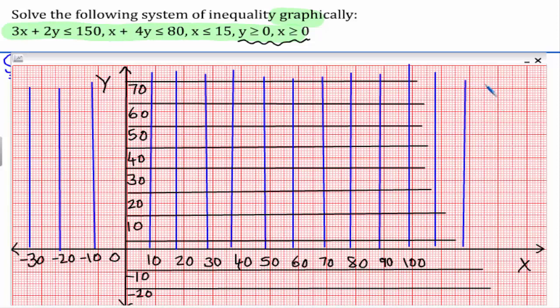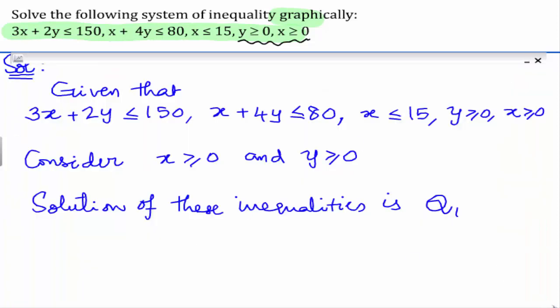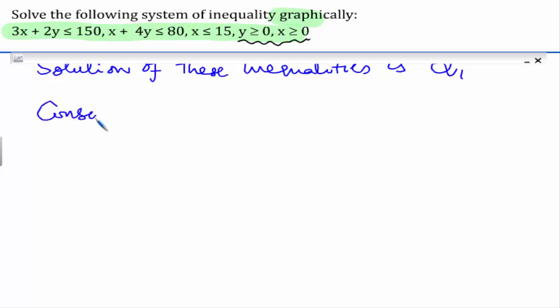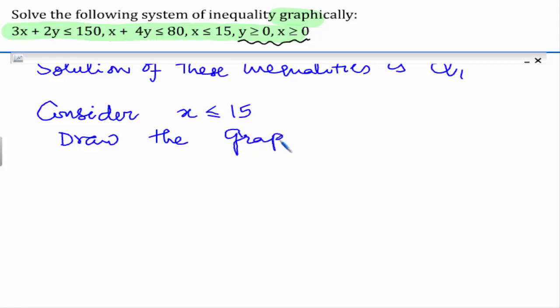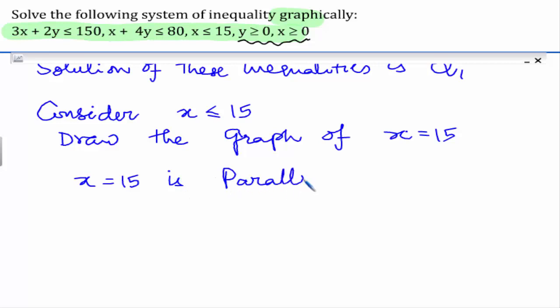Now these black lines will represent x greater than or equal to 0 and the blue lines will represent y greater than or equal to 0. Now let us consider x less than or equal to 15. So we have to draw the graph of x is equal to 15, and x is equal to 15 is parallel to the y-axis and it intersects the x-axis at 15.